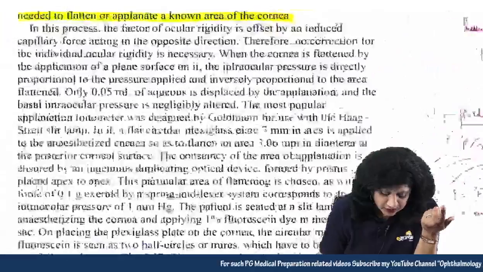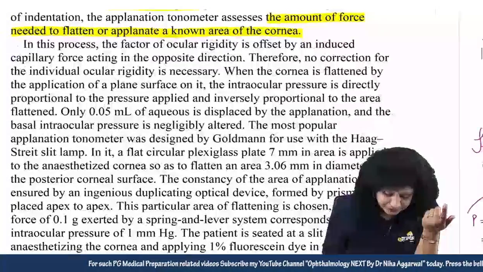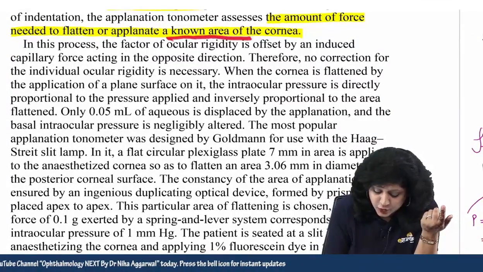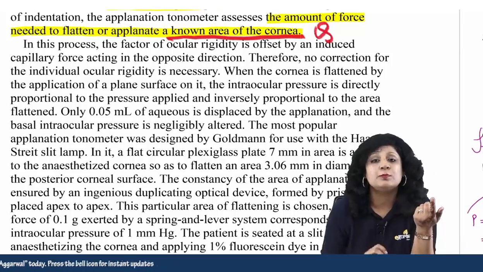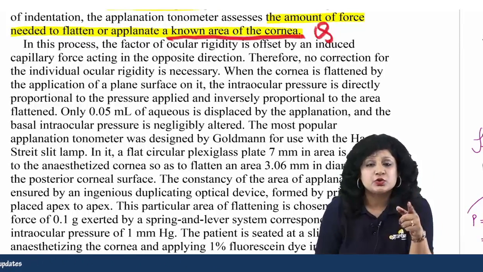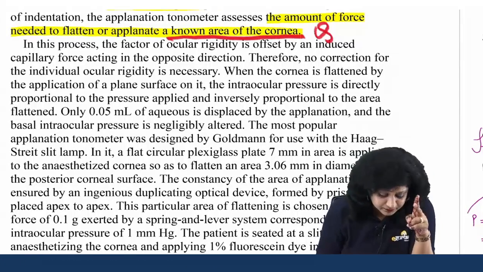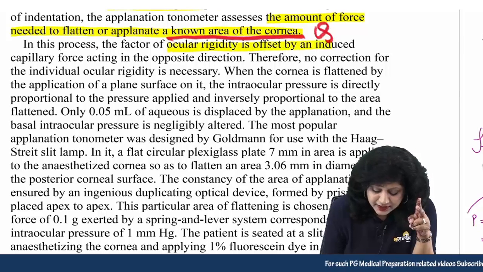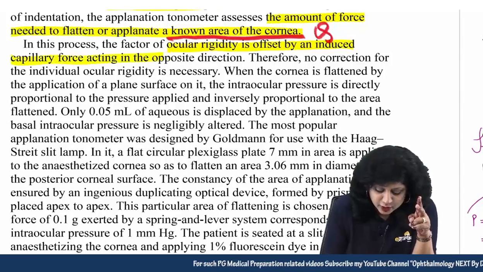Now if you look back here, they have clearly said, what is the force required to applanate a known area of the cornea. So what type of tonometer is it? It is an applanation tonometer with fixed area. Now in this process, the factor of ocular rigidity is offset by an induced capillary force acting in the opposite direction.